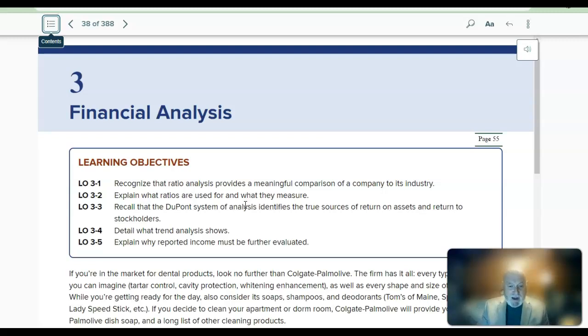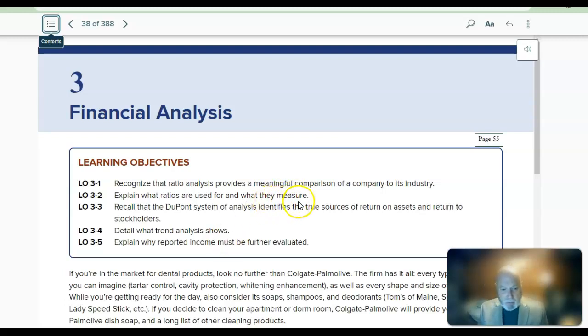We use ratios to compare companies from one another. We also use them to compare industries. We can compare companies within industries. Those ratios are a way for us to get past the gross numbers of total sales and things like that, and start looking at what the actual financial performance of this company is compared to that one, and the ratios are typically what are used to do that.